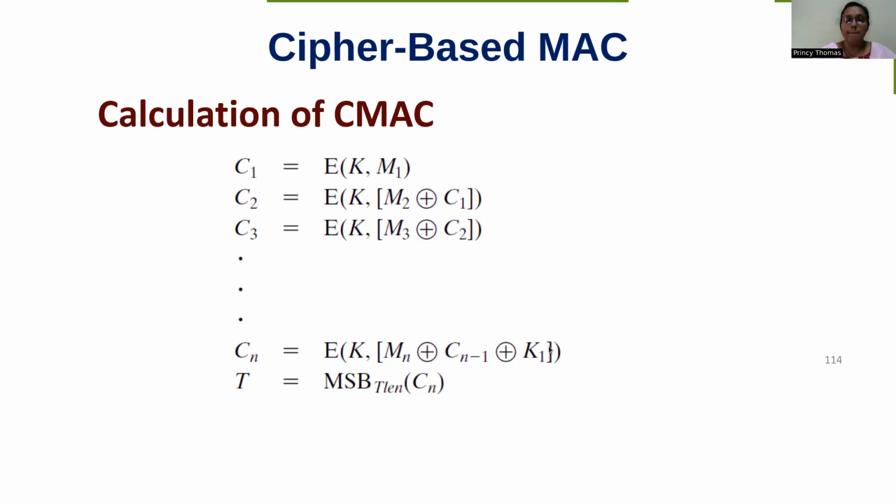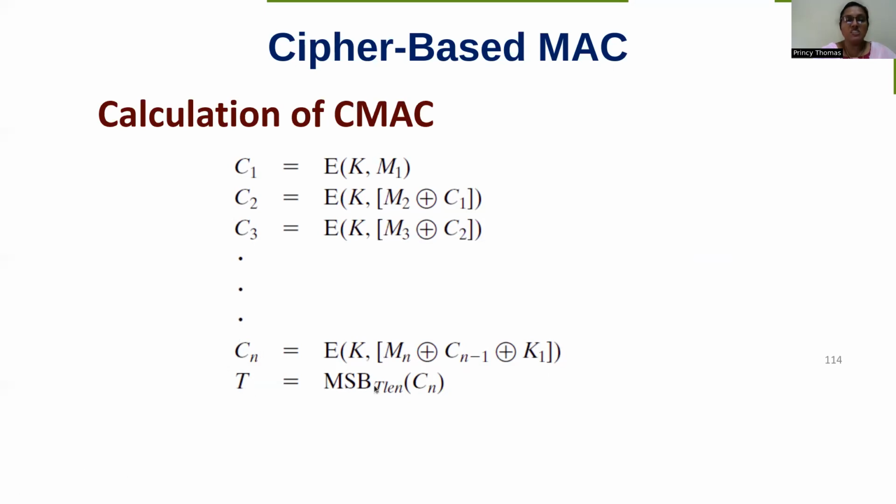Okay, then this block is encrypted using K and we get C of N, and this C of N is our code.